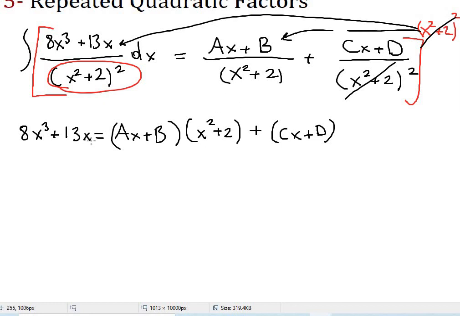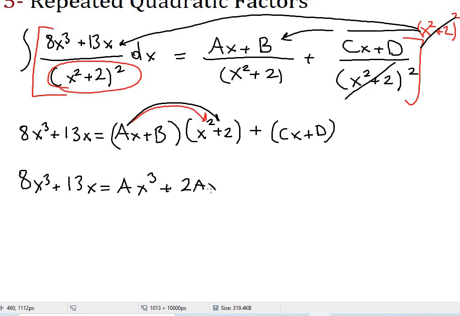I'm going to expand it before I give values for x. Or we can match left hand side and right hand side, which is another technique. Okay, so 8x cubed plus 13x is equal to, let's expand this binomial, so it's going to be ax cubed plus 2ax plus bx squared plus 2b plus this term here, cx plus d.